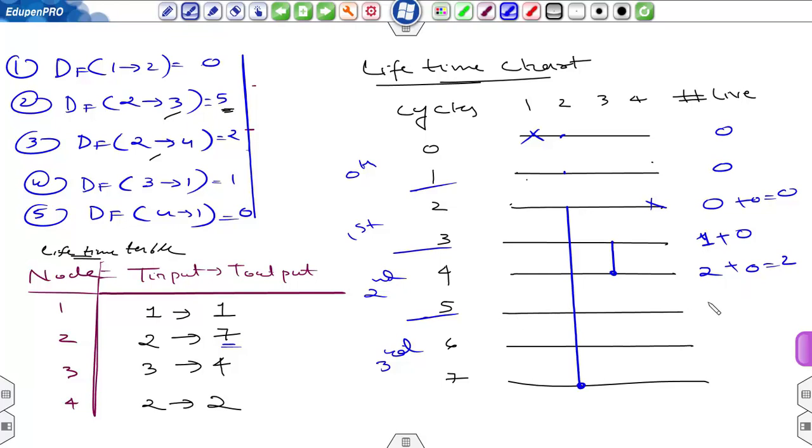At this point only one live variable, and referring to the third cycle of the first iteration, that is 1 plus 1 is 2. At this point one live variable, therefore the fourth cycle of the second iteration has 2 live variables, 1 plus 2 is 3. At this point one live variable, and in the fifth cycle 2, 1 plus 2 is 3.